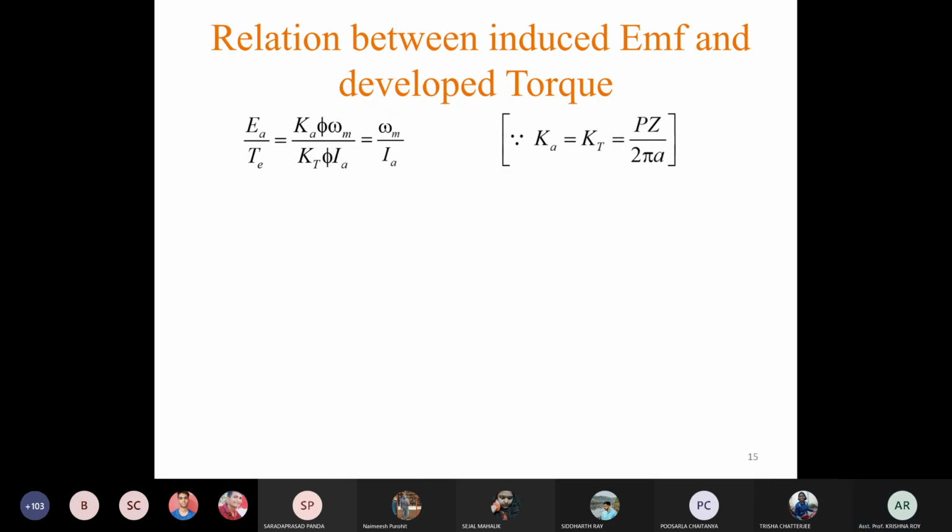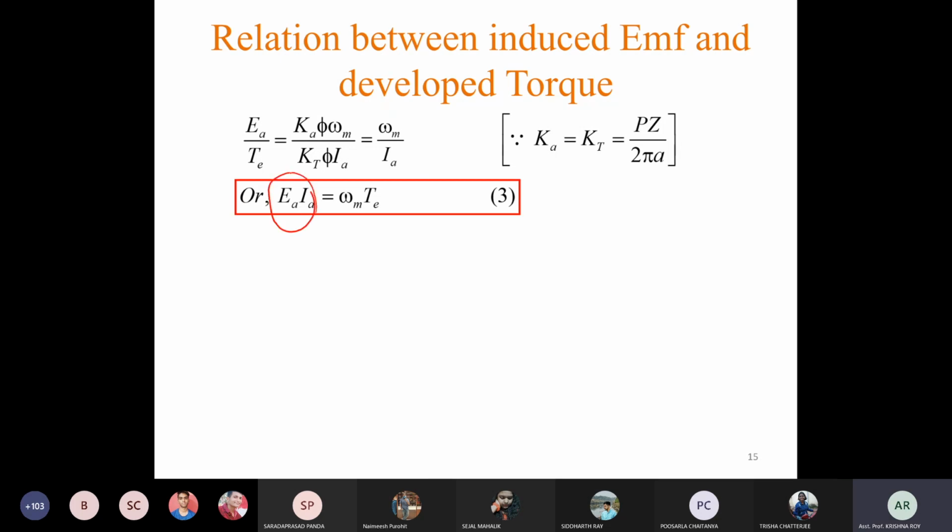Therefore we can write Ea into Ia is equal to omega m Te. So what is this Ea into Ia and what is this omega m into Te? Tell me.